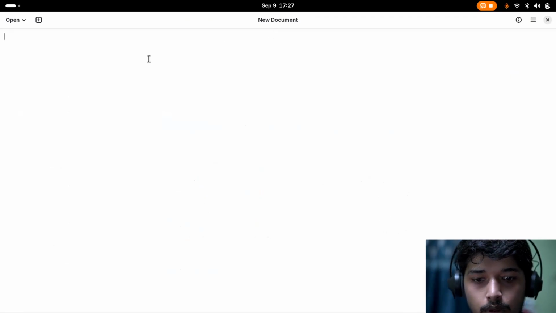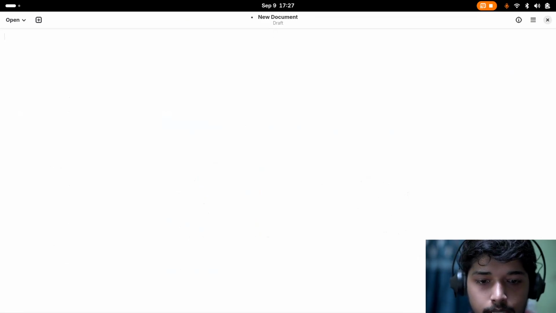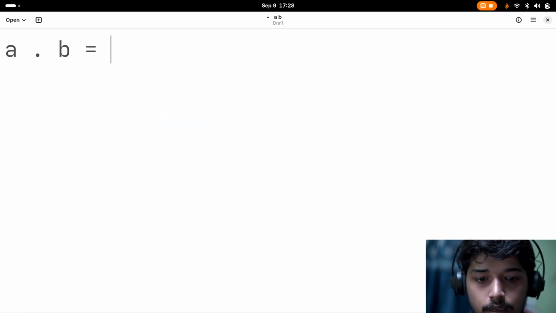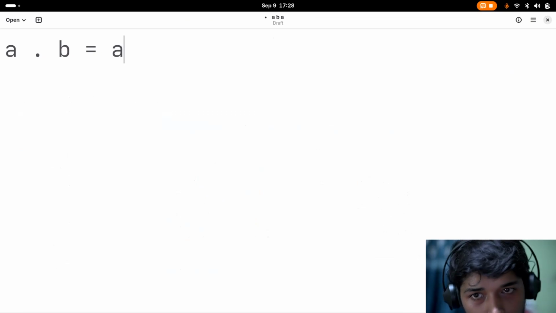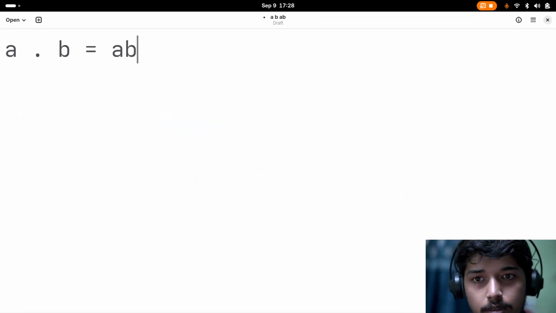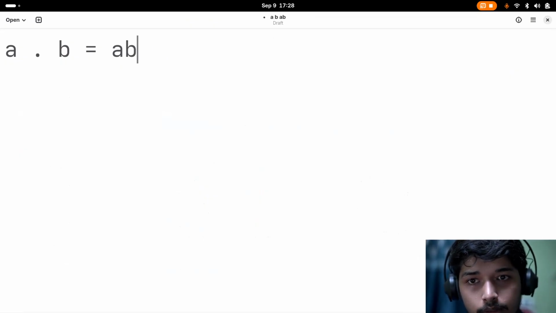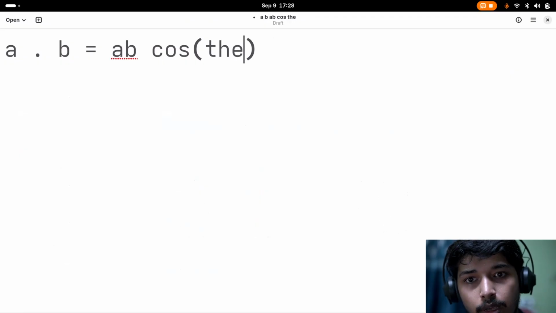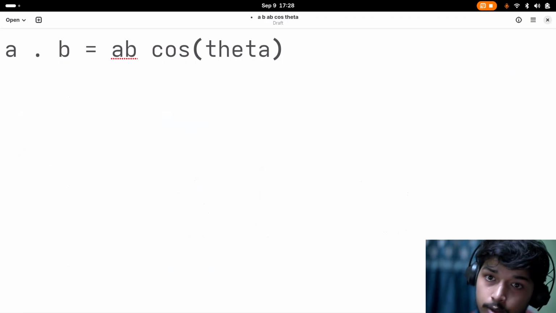Let's say we wanted to do A dot B, right? So the equation for that is the modulus of A multiplied by the modulus of B into cos theta. So I can just write theta here. So that's the equation, right?